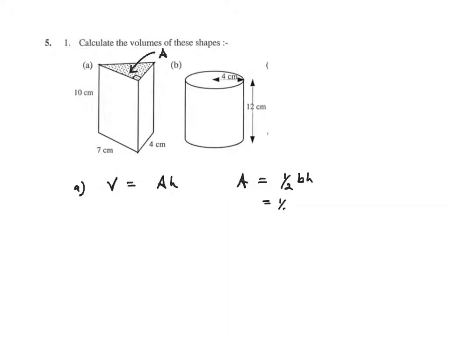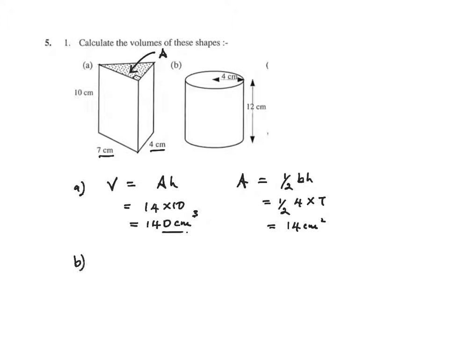So it's 1/2 of the base is 7 and the height is 4, or vice versa. We don't need to worry too much about that. 4 times 7. So the volume then is 14 times 10, which is 140 cm cubed.